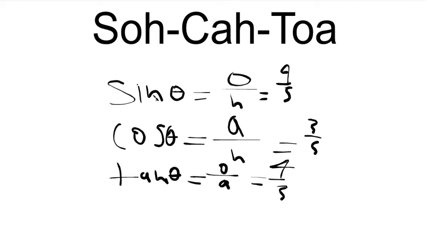So it really is a remembering tool. CAH: C stands for cosine, A stands for adjacent, and H stands for hypotenuse. TOA: T stands for tangent, O stands for opposite, A stands for adjacent. So if you remember SOHCAHTOA, you won't have trouble forgetting these trigonometric ratios or functions.